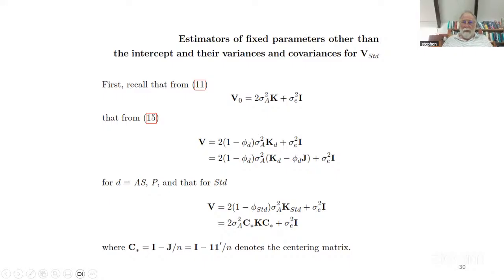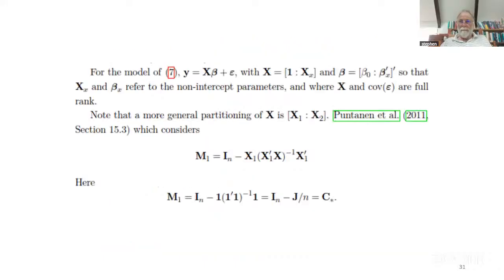C star, the centering matrix, is defined here, and all it's really doing is subtracting 1 upon n from all of the elements of I, where I is the usual identity matrix.